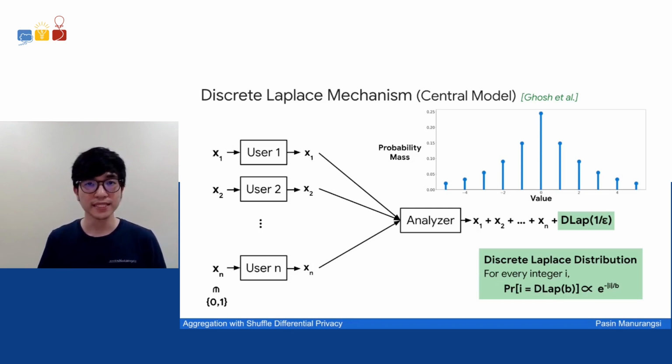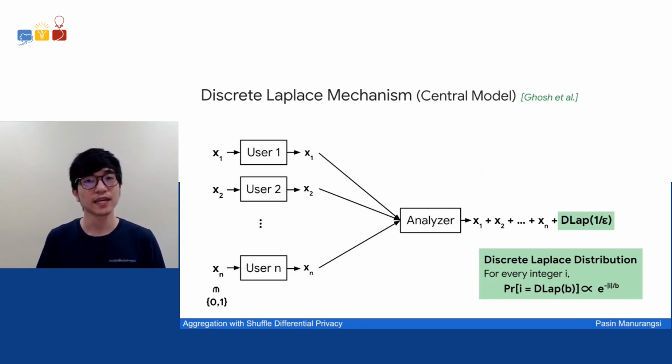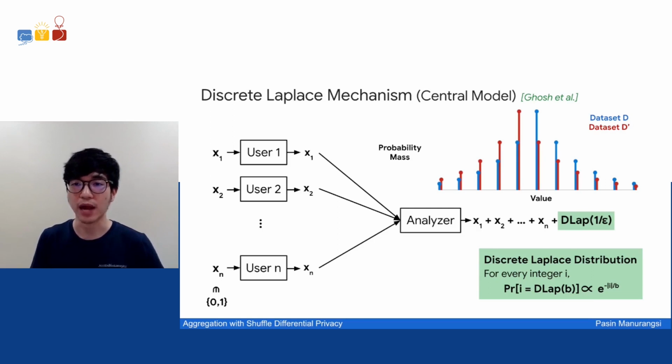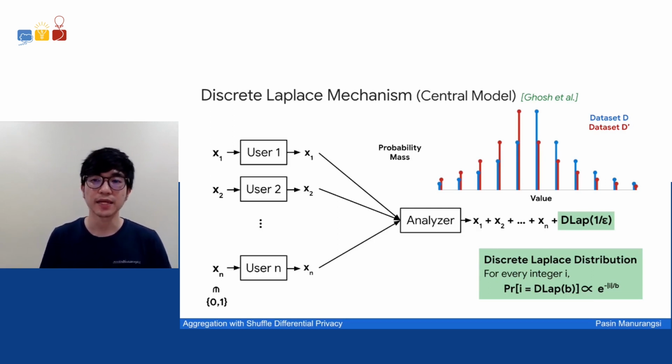So why is this algorithm differentially private? Let's consider two data sets, D and D prime. As said earlier, if the data sets are neighboring, it means that only a single user's input changes. So suppose that a user in D changed from 1 to 0 in D prime. Then you can see that after you add the Laplace noise, the probability mass will look like the one shown on the slide here.